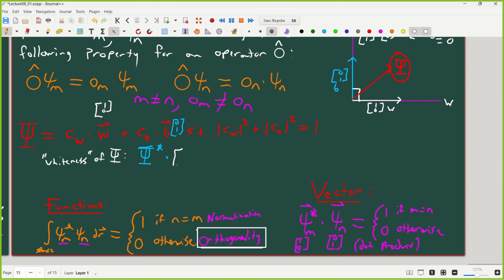This is going to measure the whiteness of the electron. That's going to be CW times white plus CB times black, dotted with W. The vector 1, 0, I'll write it explicitly just to be safe, is 1 times W plus 0 times black.